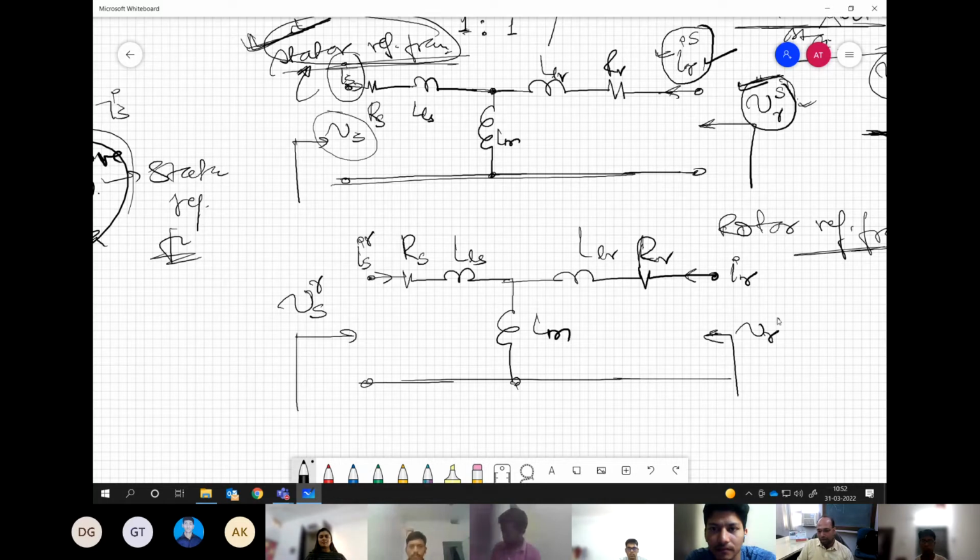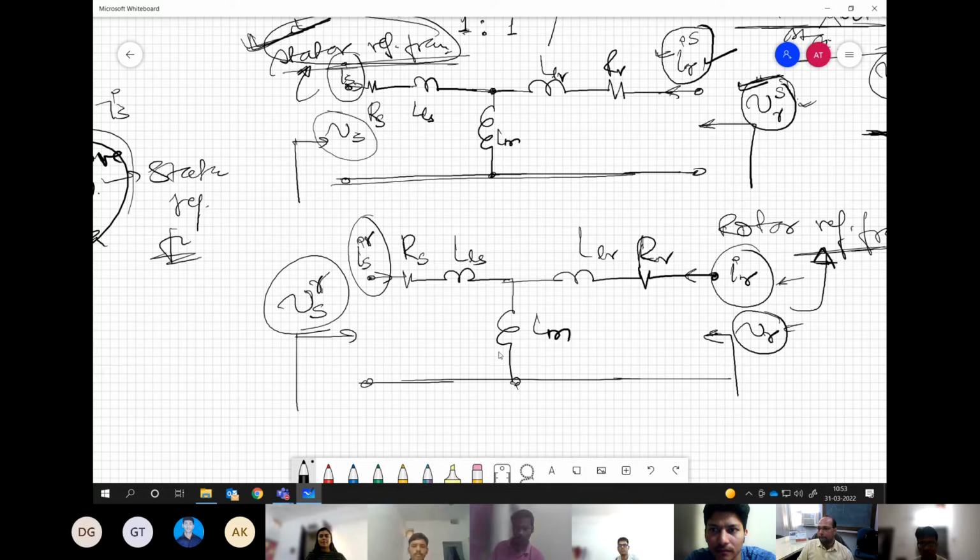So here, VR and IR are written as they are without any superscript because they are in their native reference frame, the rotor reference frame, whereas VS and IS are written with superscript R. Fine. Do you have this clarity? Yes, sir.